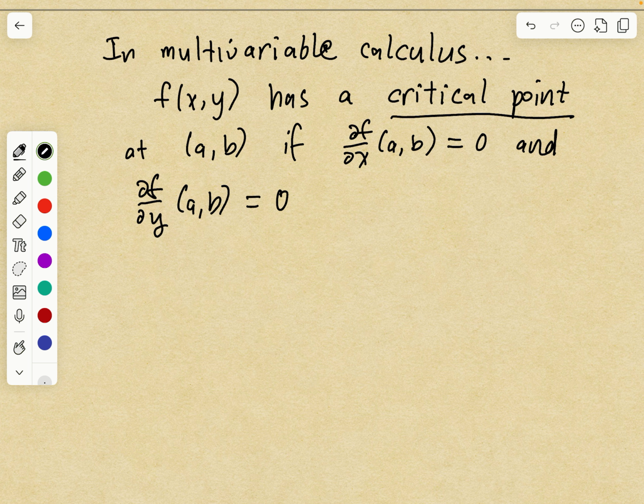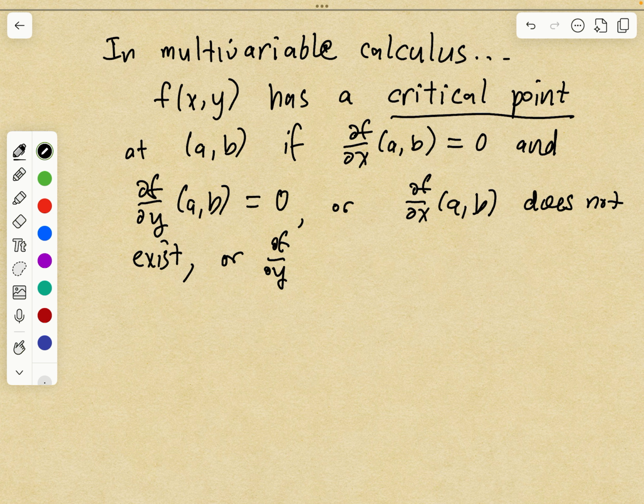Alternatively, you could have one of the partial derivatives not existing, either the partial derivative with respect to x doesn't exist, or the partial derivative with respect to y doesn't exist.